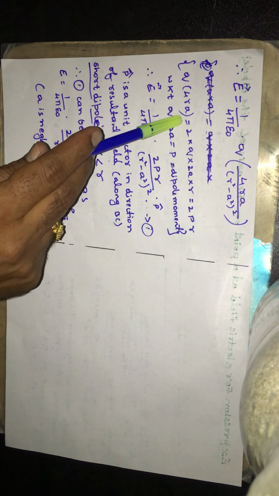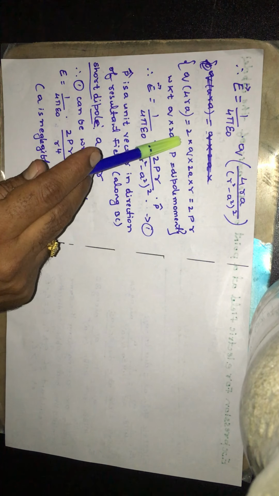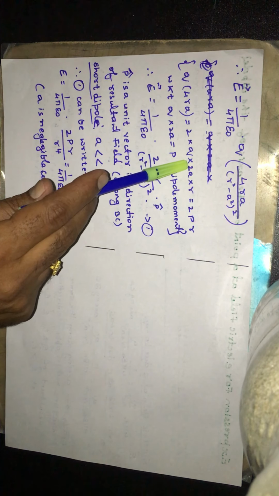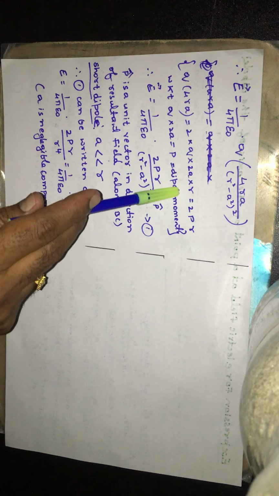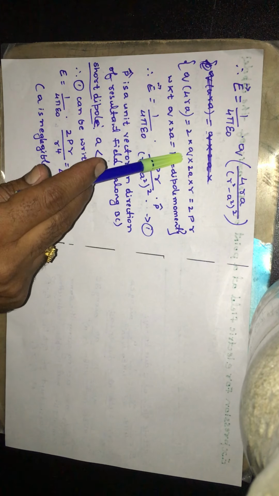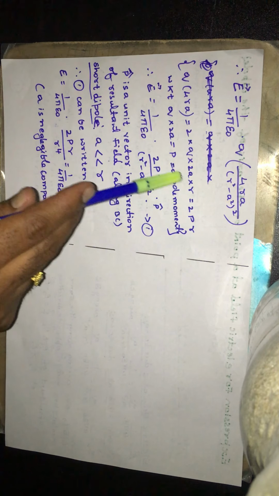But I have rewritten this, Q into 4RA may be written as 2 into Q into 2A into R. See, if you multiply all these, you will get back this Q into 4RA. What is the need of writing so?